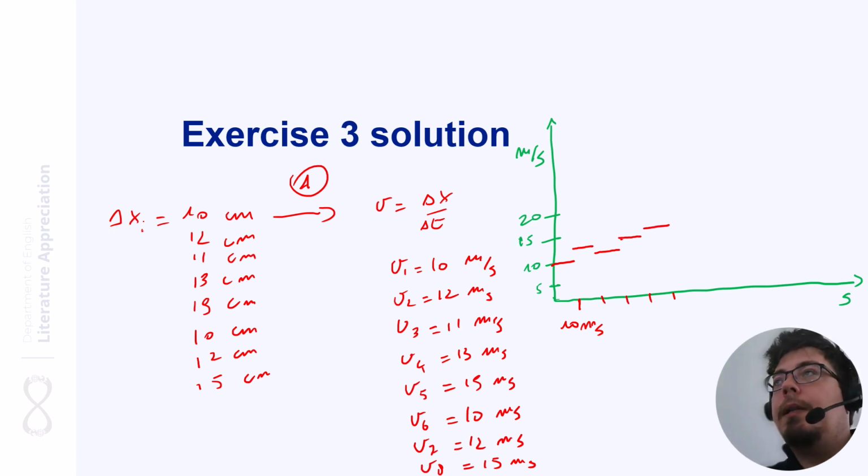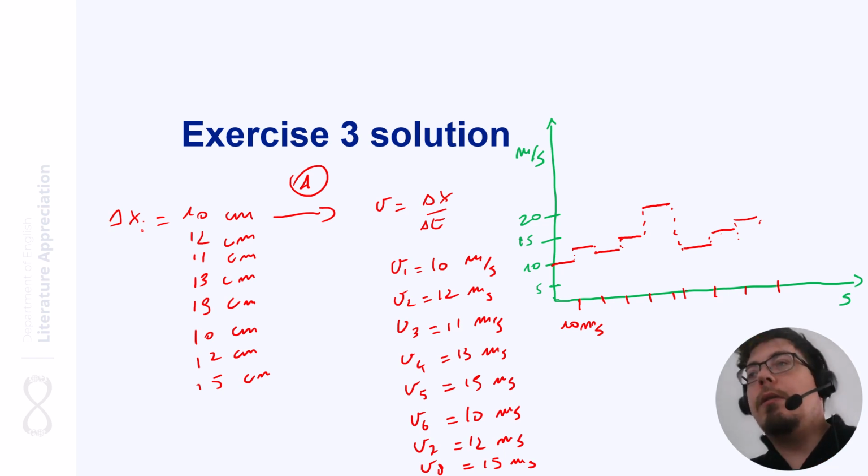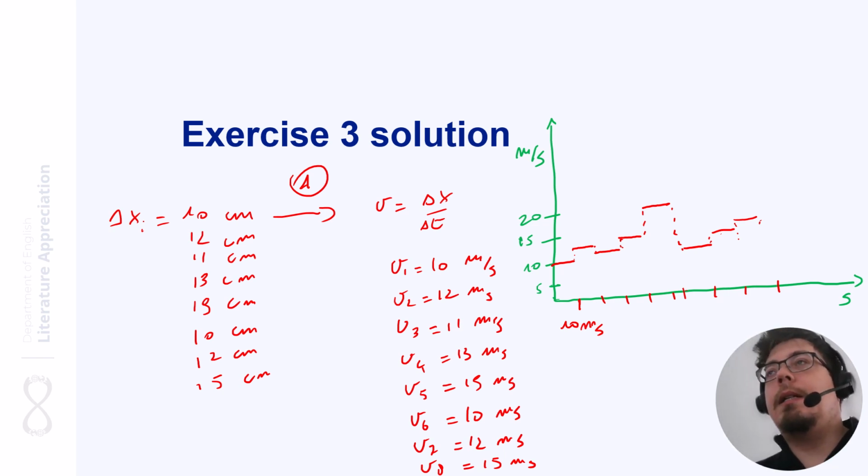This is a big jump, and then we go back to 10, and then we have this jump in the velocity, and we go 12, and then we go 15. So every 10 millisecond we have a jump.